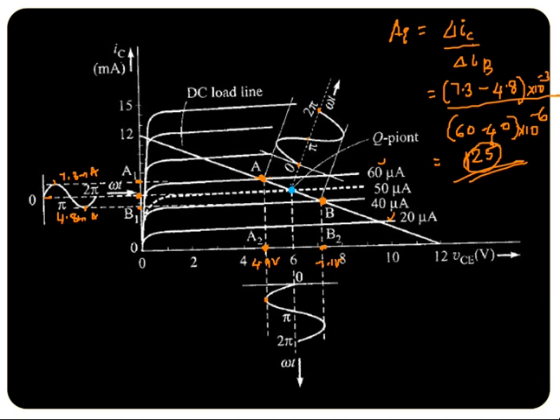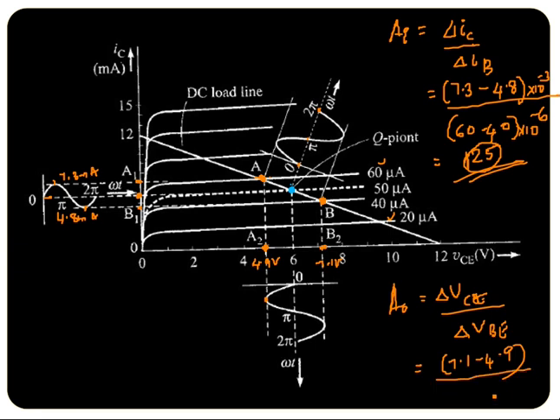What about the voltage gain? You can compute voltage gain from this expression: the change in collector to emitter voltage to the change in base to emitter voltage. Because of this input, you get a change of 7.1 minus 4.9, which is on the x-axis, divided by delta VBE.